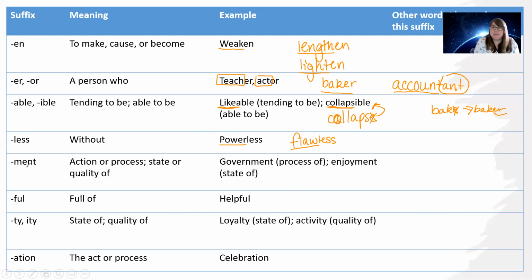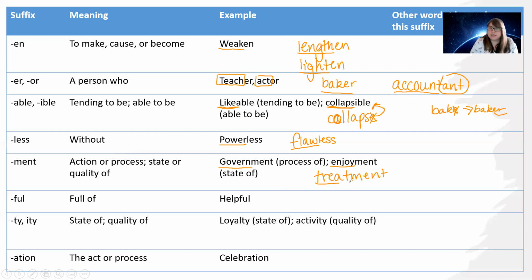Our next suffix is ment, which talks about the action or process of doing something or the state or quality of something. So two good examples here are government, which means the process of governing, and enjoyment, which means the state of enjoying something. We might also talk about a word like treatment.